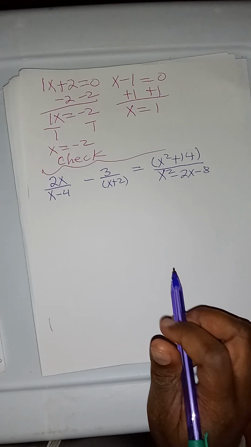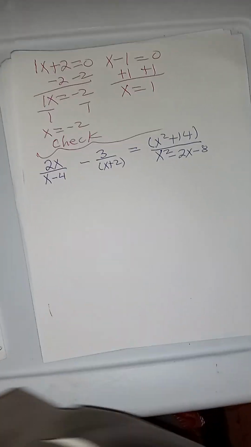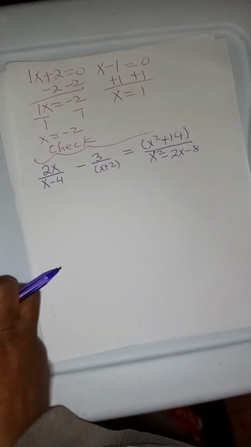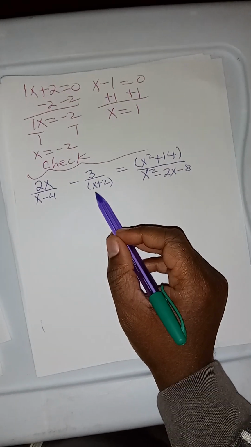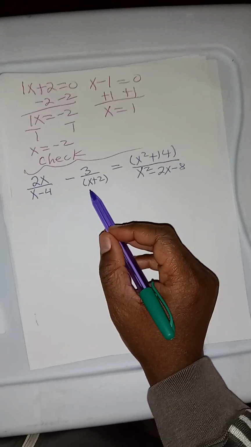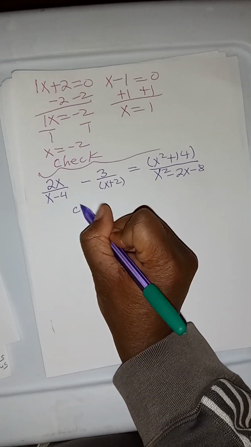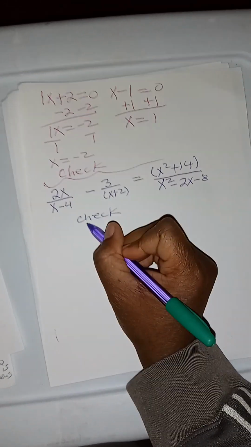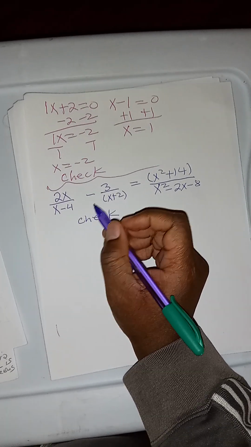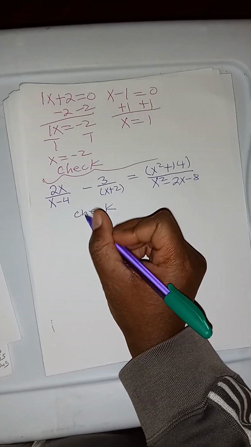Okay, so let's put what we found here. And as we see, -2 will not work here in the second denominator because it will become extraneous. So let's check. And extraneous means that you can't divide by 0 and no solution.